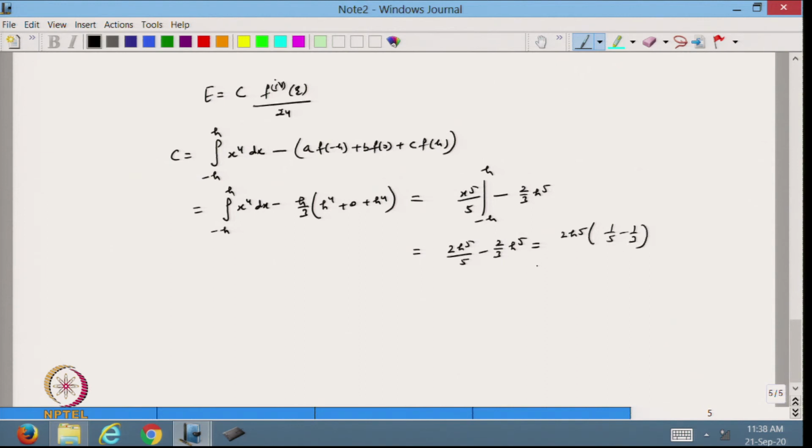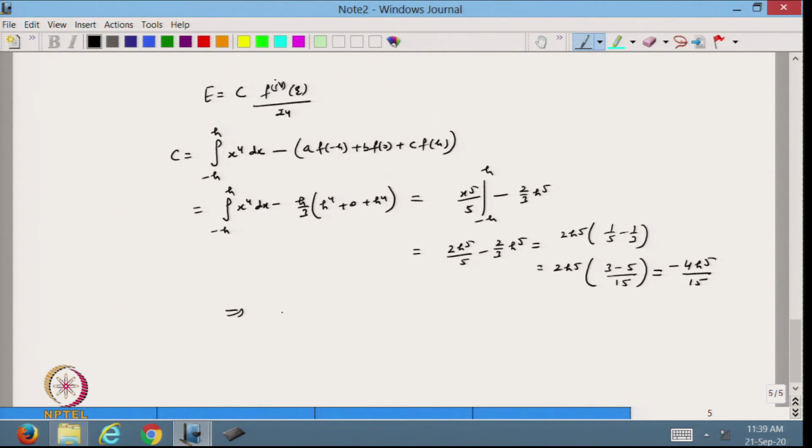So, from here this will be minus 4 h5 by 15. So, this I am getting.